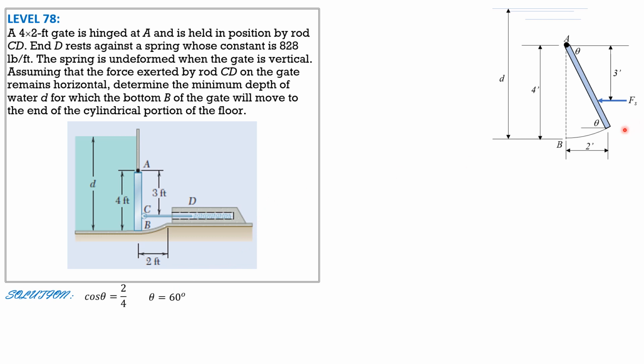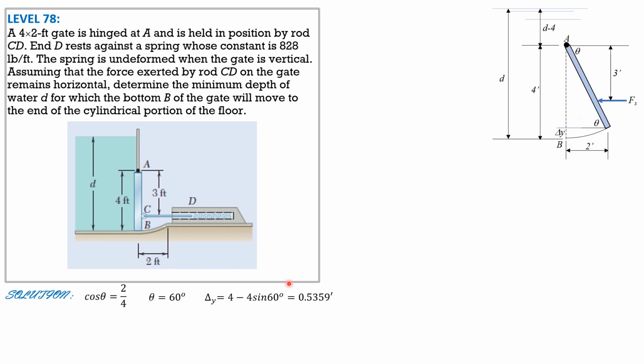So this is d minus 4, and let's call this delta y. Delta y is equal to 4 feet minus 4 sine of theta. So from here to here, 4 sine theta. From A to B, 4 feet. So 4 feet minus the hypotenuse 4 feet times sine of theta, this distance.